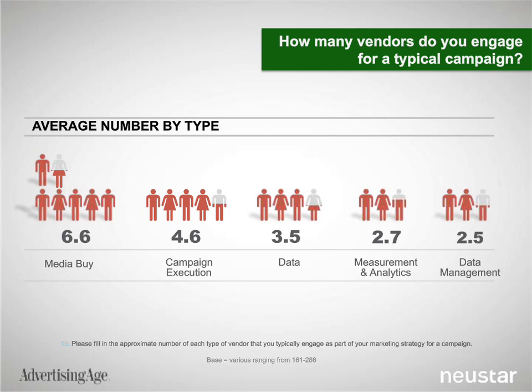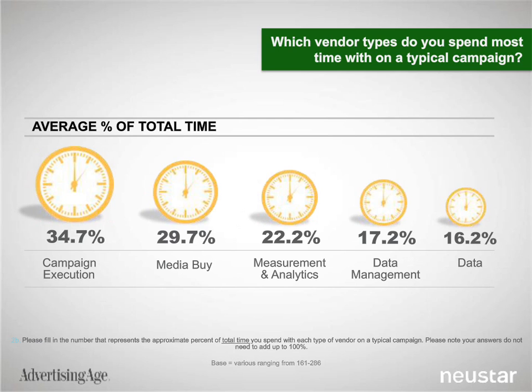Now from a perspective of average percent of total time that's being spent on a typical campaign, campaign execution, as you can see, takes up the majority of a marketer's time. And as we go down the list, media buying, measurement and analytics, data management, and data.